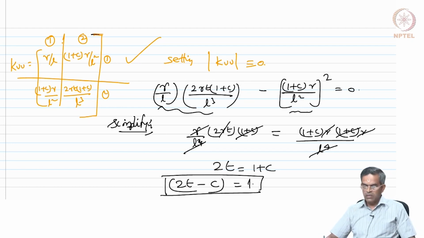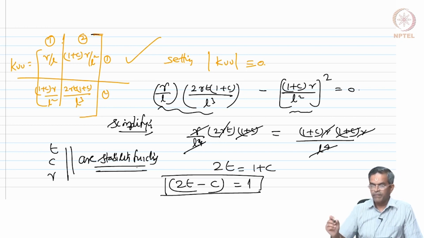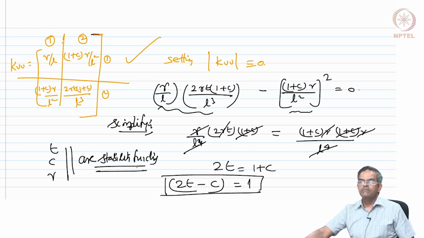These are all stability functions, T, C and R are stability functions, friends, which we derived in the previous lectures. Under axial compression, axial tension, we have these values.